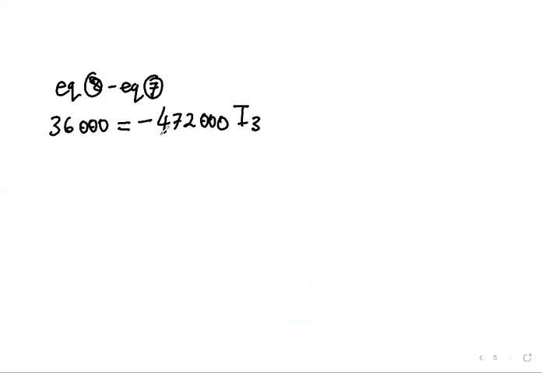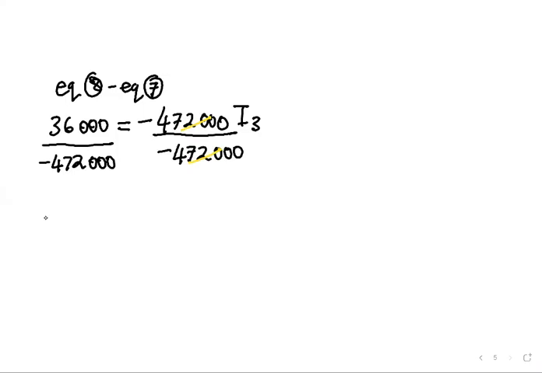And then from here you want I3, you divide by negative 472,000, and then this cancels that.